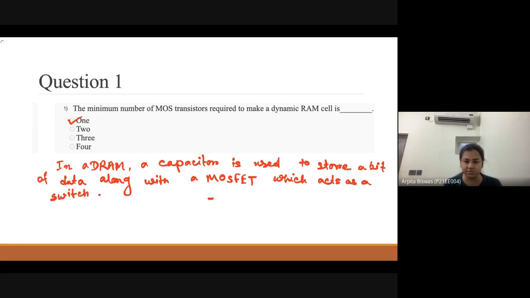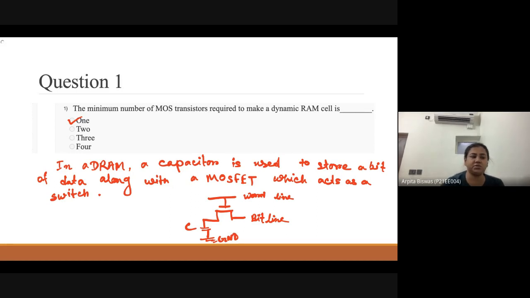So this is the word line, and here is the MOSFET, and this is the bit line. And here the capacitor is present, and this is connected with the ground. Okay.